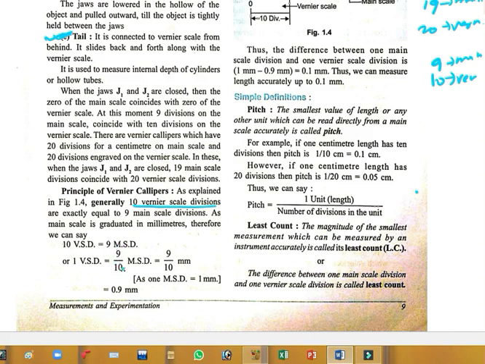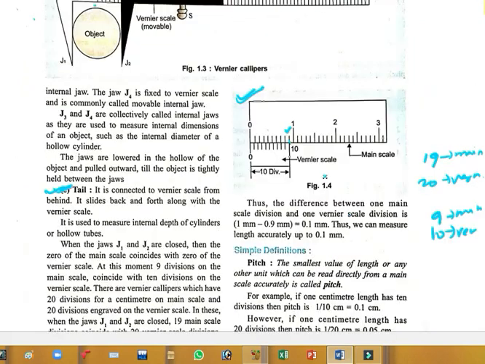So 10 VSD equals 9 MSD. Dividing both sides by 10, one VSD is 9 by 10 MSD, or 9 by 10 millimeter, as 1 MSD is equal to 1 millimeter. So the answer is 0.9 millimeter. That means one vernier scale division is equal to 0.9 millimeter.